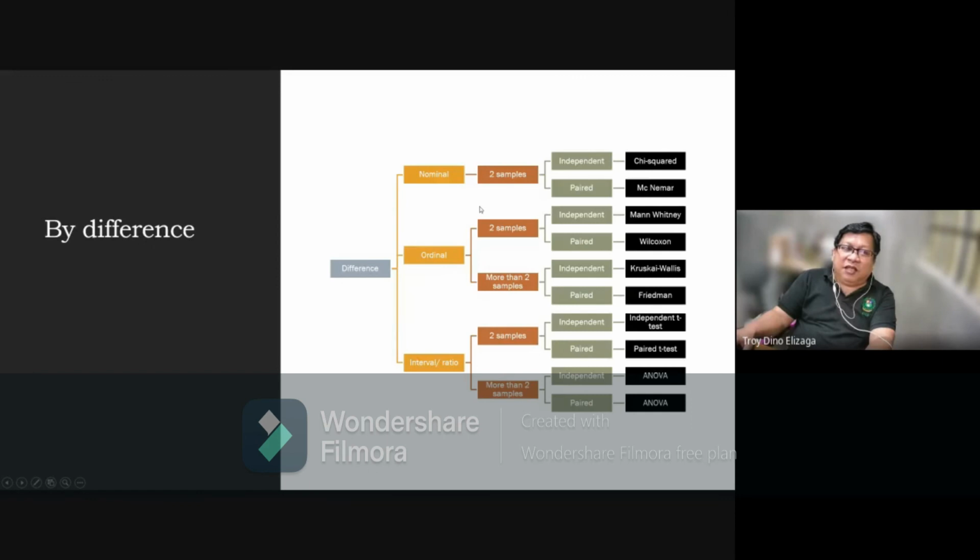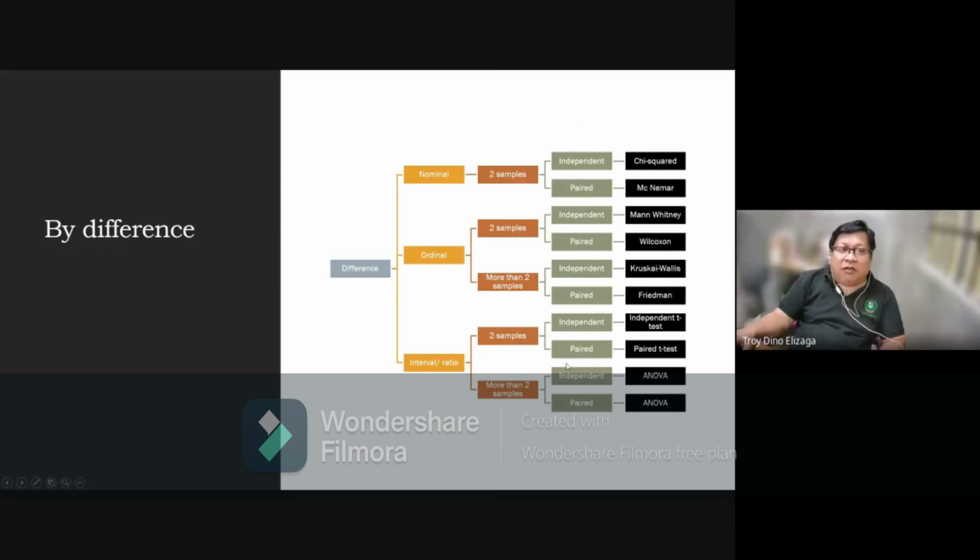Because there are two types, by difference and by association, and for each type it depends. The statistical test depends on what type of data you have, whether it's nominal, ordinal, or interval, and whether there are two samples only or more than two samples, and for each, whether the samples are independent or paired.